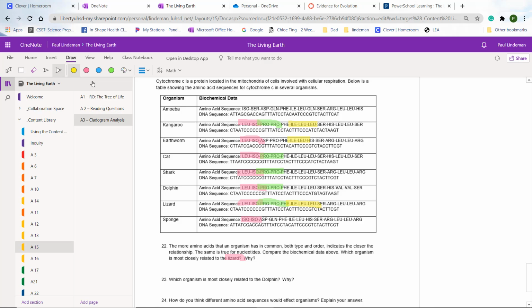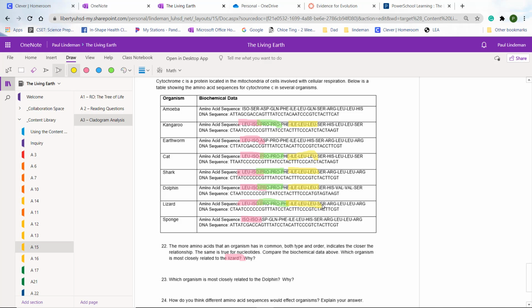That one's out. Okay, so we're looking for Leu Leu. We're down to these guys being related to the lizard. So far everything has been the same.